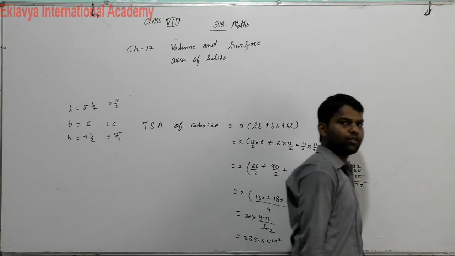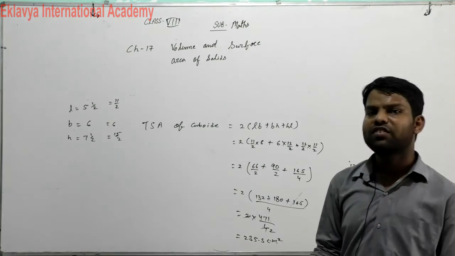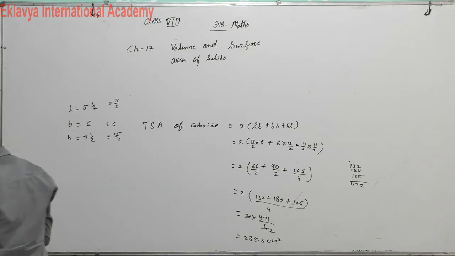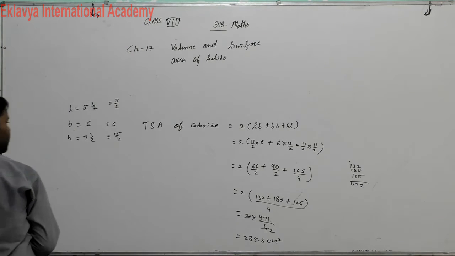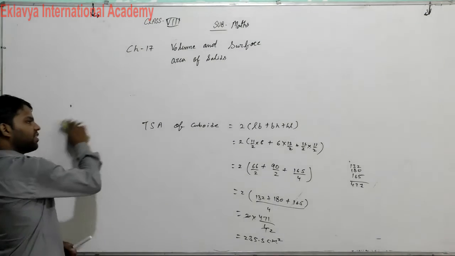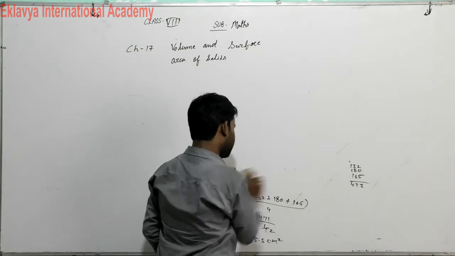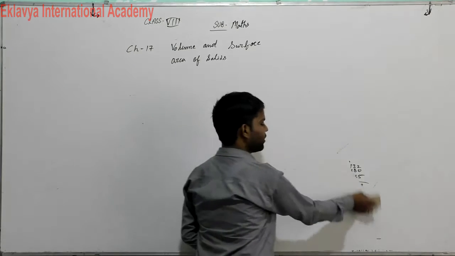So, using this formula we can find out surface area of the cube or cuboid. How? See here, if the dimensions are only one side is given, then it is the shape of a cube.